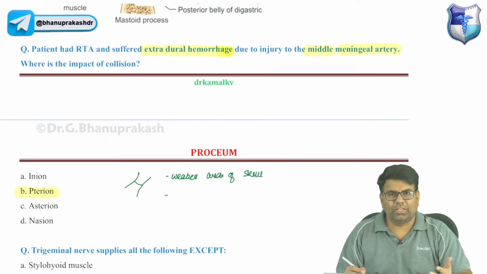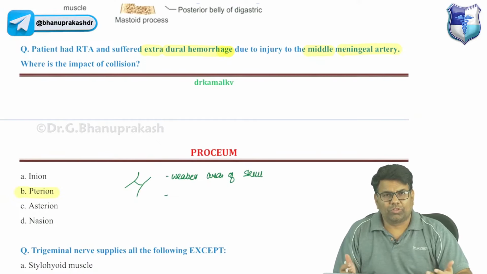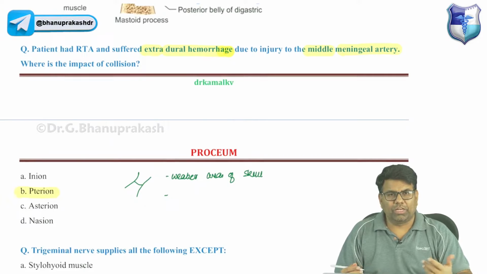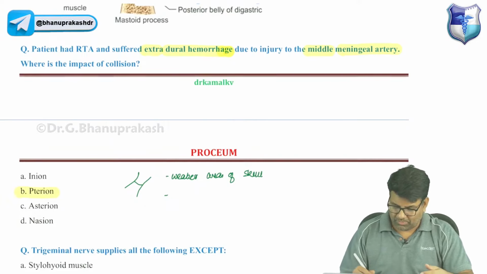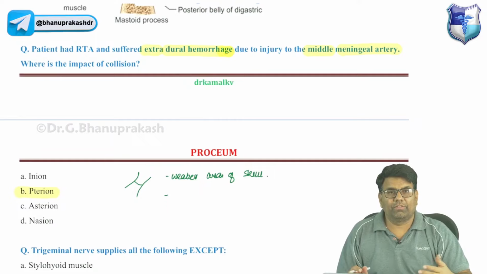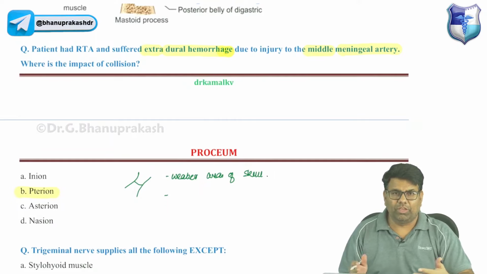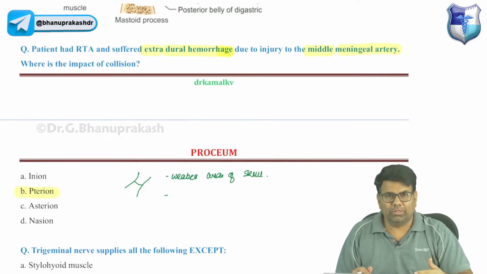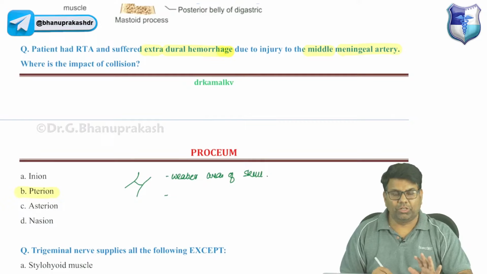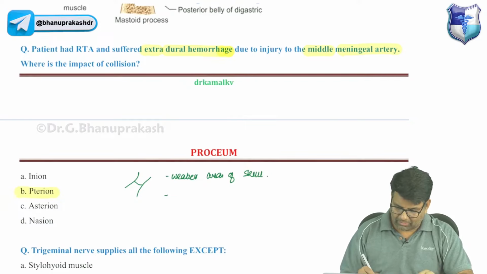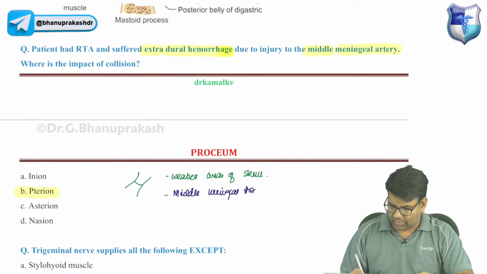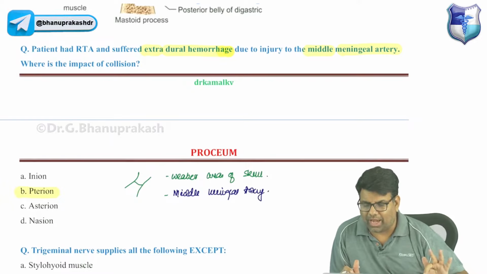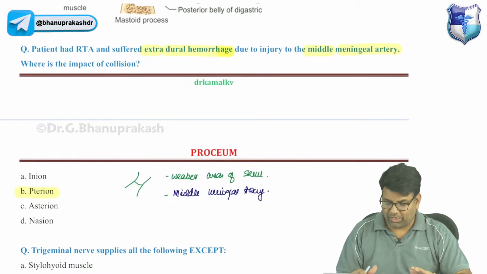Many times you must have seen that whenever someone wants to commit suicide by a pistol, they usually keep the pistol right on the pterion. And also during surgeries, whenever we have to make burr holes, we prefer this approach because it is quite easy for us to get inside the cranium, right? So pterion is one of the weaker areas, and this is related to the middle meningeal artery. Whenever there is a fracture of pterion, there are chances of injury to the middle meningeal artery.